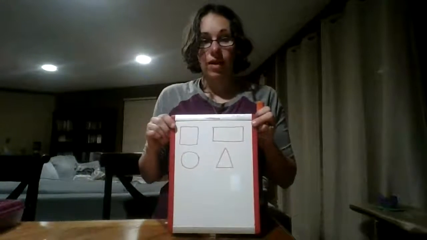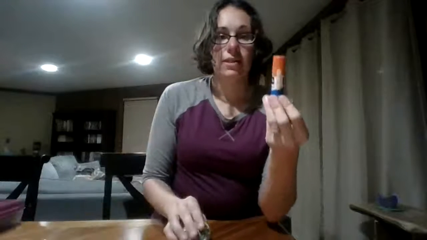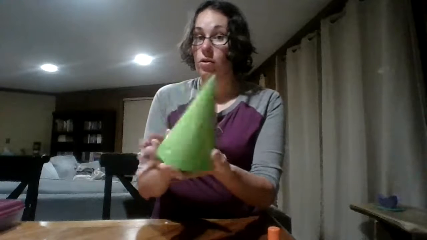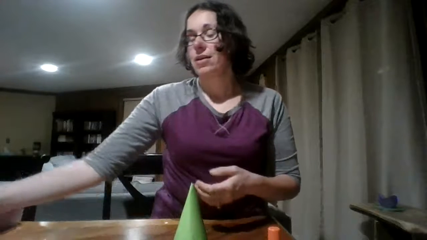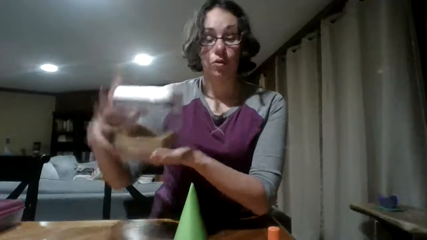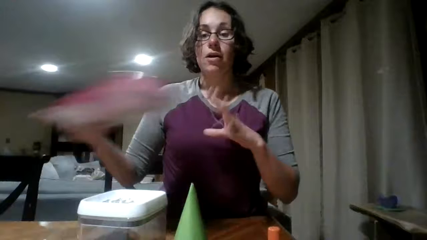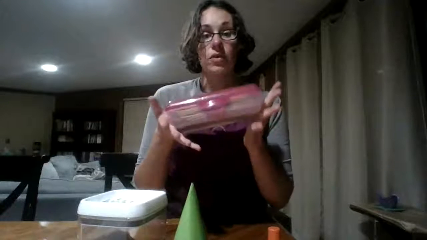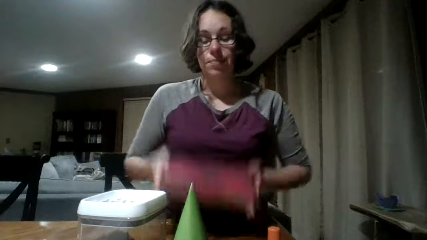So we have our shapes that we know, then we have our new shapes. Cylinder, a circle or a sphere, our cone has that triangular shape, our square or cube, and our rectangle or rectangular prism.